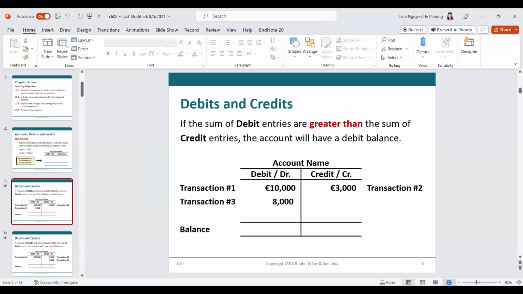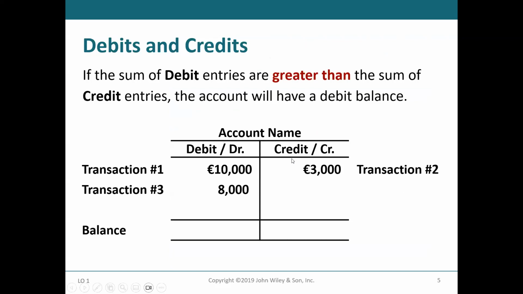All right, so we have a T account like this. Now, remember for debit and credit, debit is on the left side and credit is on the right side. An account may record many transactions, so you can see here we have transaction number 1, transaction number 2, transaction number 3. When we want to find the balance of the account, we take the sum of the debit entries, because the sum of debit entries is greater than the sum of credit entries.